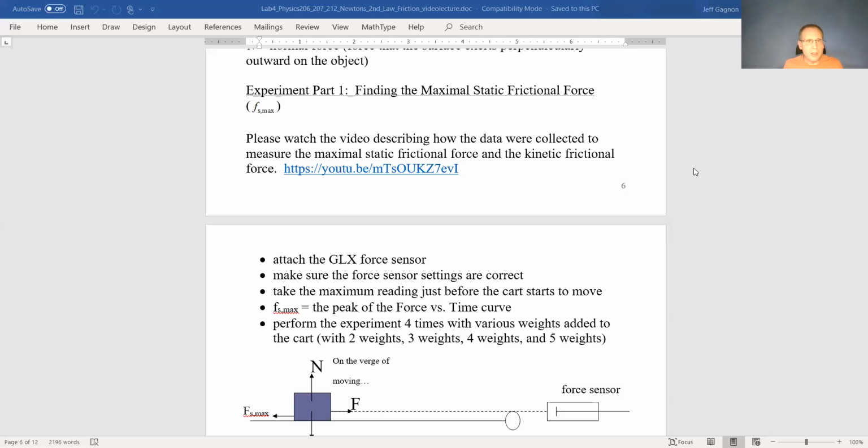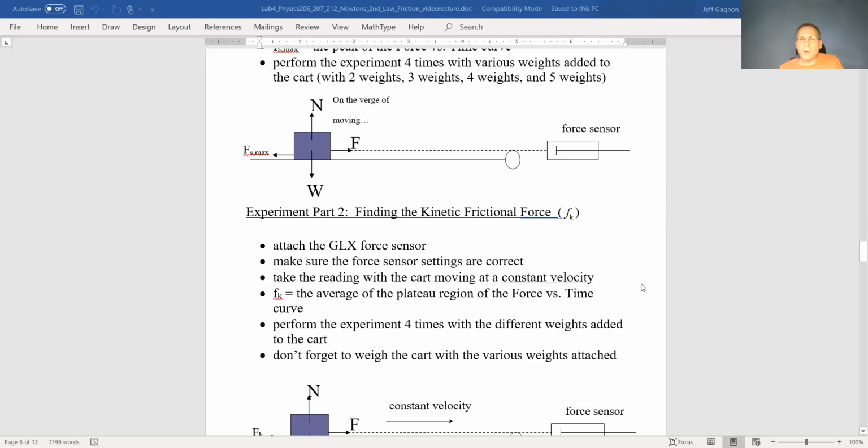Make sure you watch my quick short video on how the data was collected for this particular section. Basically, we used a force sensor and pulled on the cart. Initially you're pulling harder on the force sensor, but the cart's not quite moving. At some point it gives, so the highest force is the maximal static frictional force.